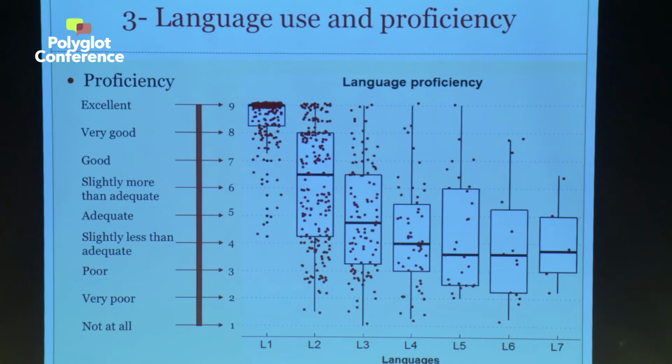Obviously, in the first language, most of them rated their proficiency as excellent, but if you look here at the second language, we see that 3/4 of them rank their proficiency as at least quite adequate, quite good, clearly enough to sustain a conversation with someone or to understand a book or something.